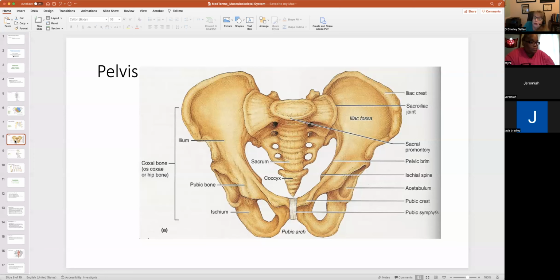Okay, so the coccyx, you see those lines, when the baby is born, those are all individual bones, which then in adulthood, over the age of 20, usually about 23, 25, fuse into one bone. Okay? Does that make sense?